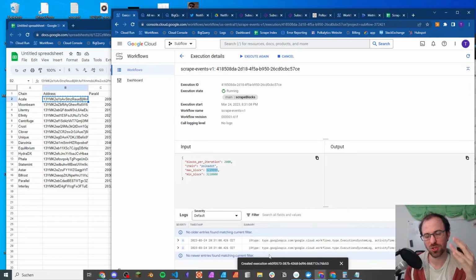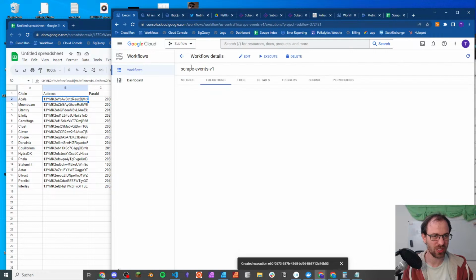If there is a failure, the workflow makes sure to restart the process and try a few times. Sometimes something on the internet breaks, there is a small failure, you just retry it and it works. So the workflow orchestrates the scraping of millions of blocks or millions of events. This is what I do in the background.